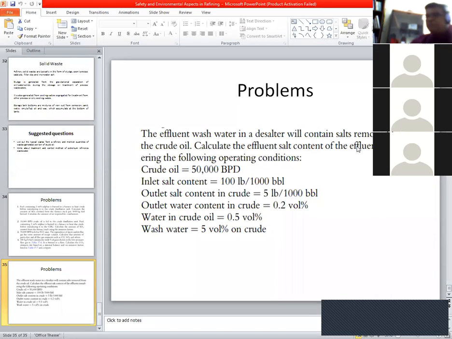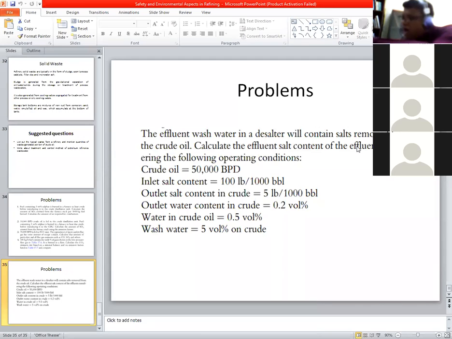So the salt content in the effluent water will be 4750 divided by the mass flow rate of effluent water, that is 905073.6. Please do that. Since you have to calculate the weight percentage, multiply with 100. Please let me know how much you got.